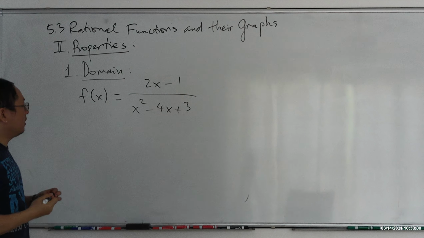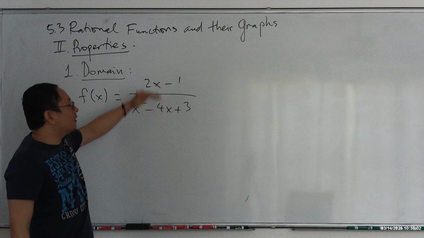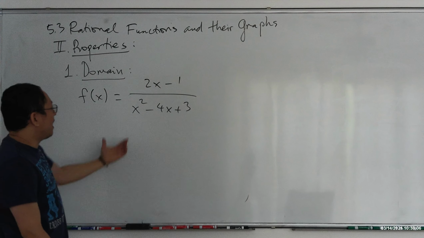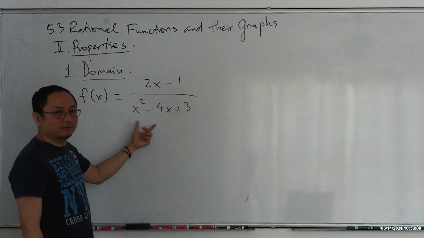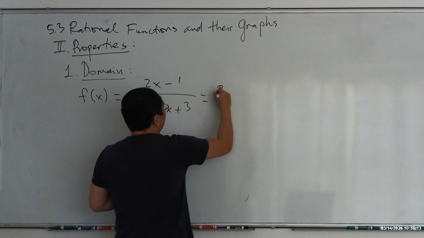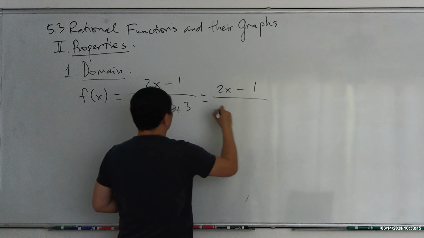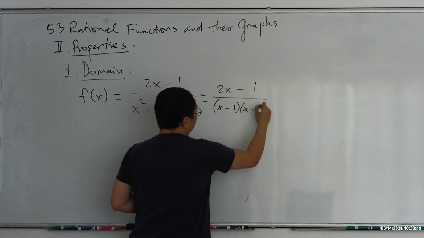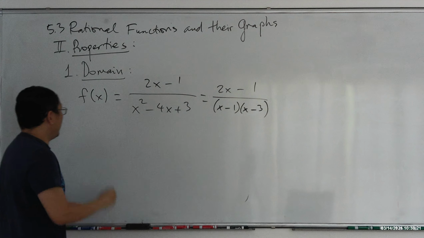In this new example, we have a polynomial of degree 1 over a polynomial of degree 2. And this is still a rational function. So how do we find the domain of this function? Factor the bottom out, factor q of x. This is 2x minus 1 over x minus 1 times x minus 3. Okay? So the domain is what?